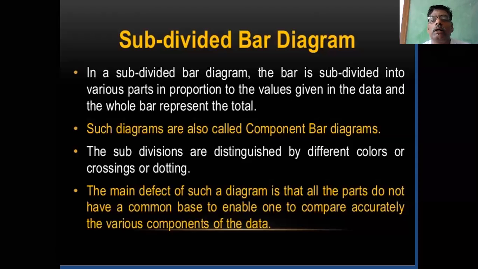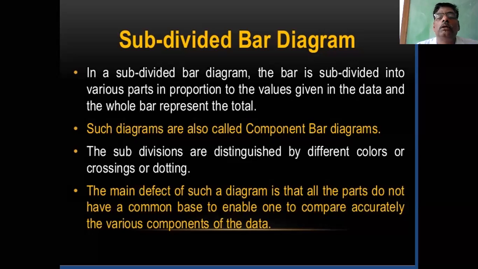And the subdivided bar diagram. What is a subdivided bar diagram? A subdivided bar diagram is where we draw one common bar for the total, and the total bar is subdivided into parts based on the components of each item.